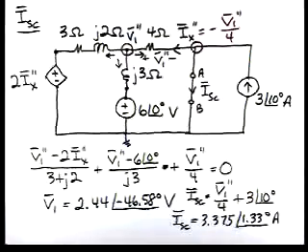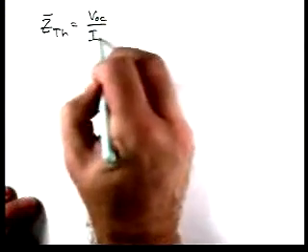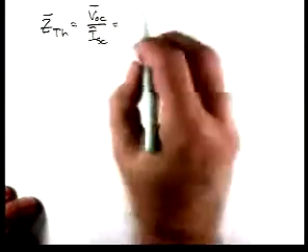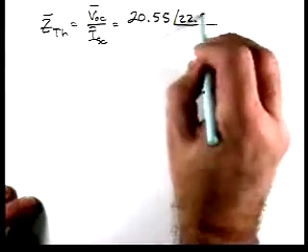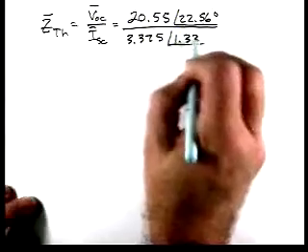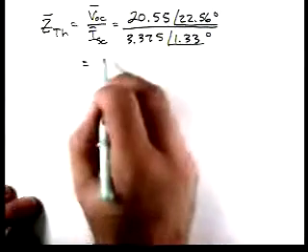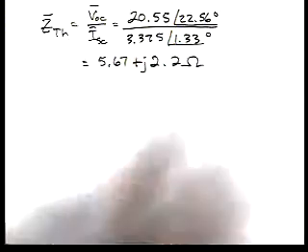So now we've got the open circuit voltage and I short circuit. We can calculate Z Thevenin. Z Thevenin is the open circuit voltage over I short circuit: 20.55 at an angle of 22.56 over 3.375 at an angle of 1.33, and that gives us 5.67 plus j2.2 ohms.